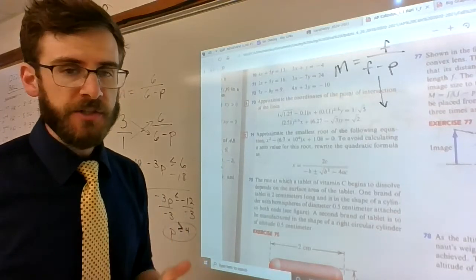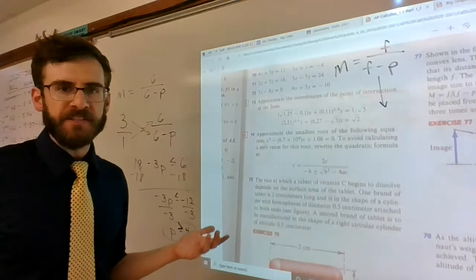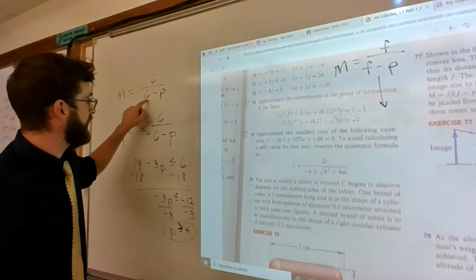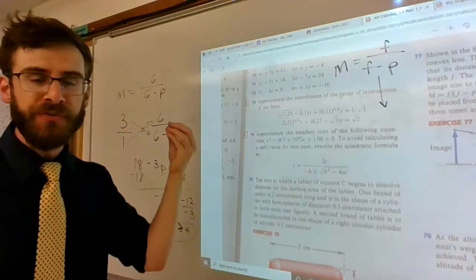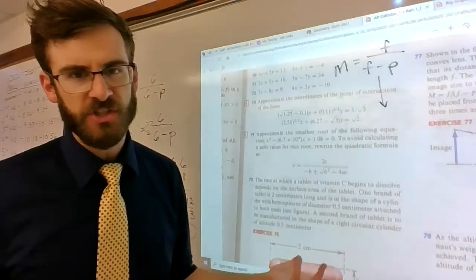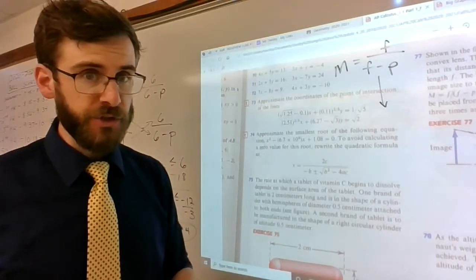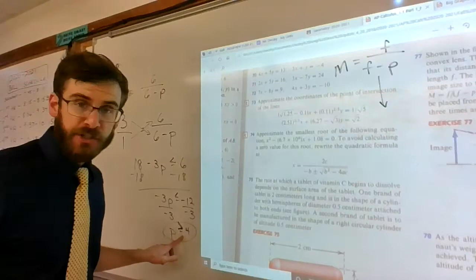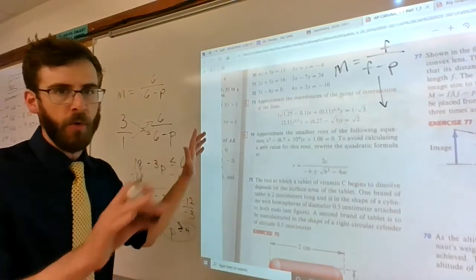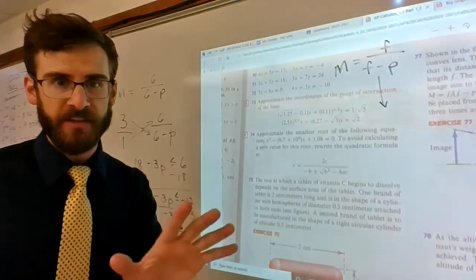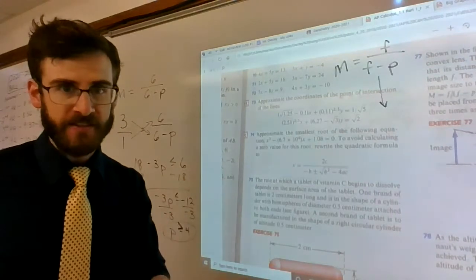So you can't be 6 centimeters, and you certainly can't be more than that, because 6 minus 7 would give you a negative magnification. And we're just talking in terms of whole numbers. So you need to say it's at least 4 centimeters, but it's no more than 6. In fact, it can't be 6 either.